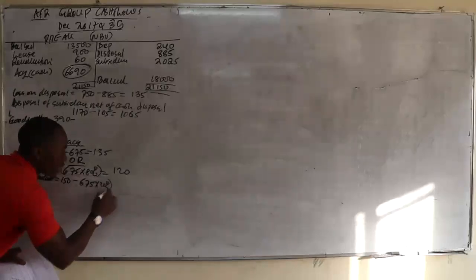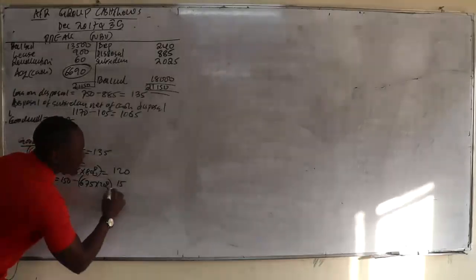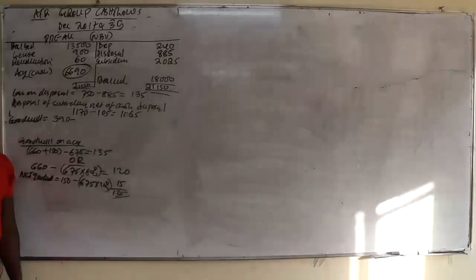Are you together? How much is this? It's 135, but the fair value was 150. So the difference between the two is what we call the goodwill on NCI, an amount of 15. Kwa hivyo ilikuwa ngapi? 135. Hatuko mambo ya impairment. Are you together?